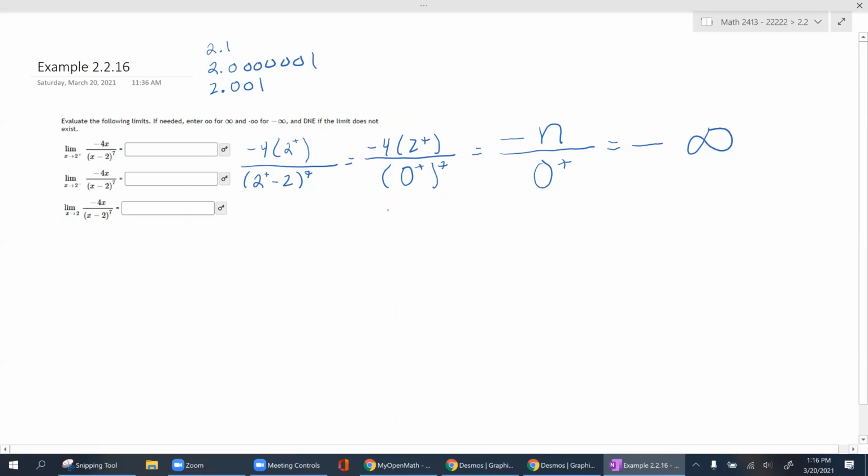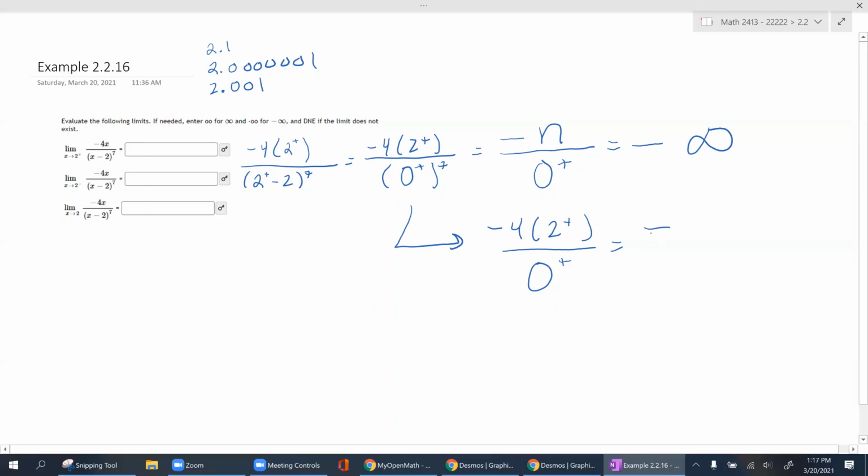Another way you can do this is to just carry that all the way. You can just say negative 4 times a 2 slightly from the right, divided by a number slightly positive than 0 from the right, to the 7th power. The top is just numbers, that's going to be like 4 point something. I'm not worried about that actual number, I'm worried about the sign.